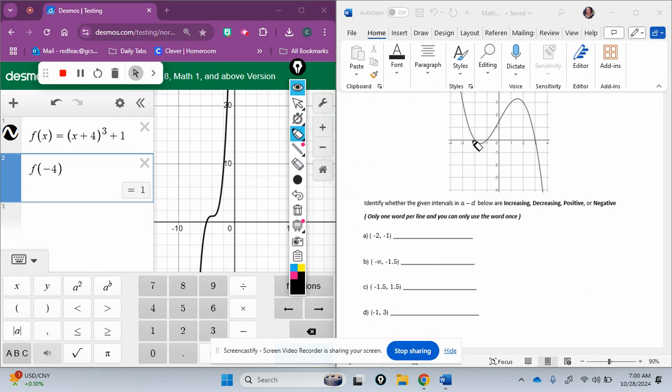From -2 to -1 is this portion right here. The graph is below the x-axis, so this is negative. Anytime it's below the x-axis, that is your negative part of the graph.